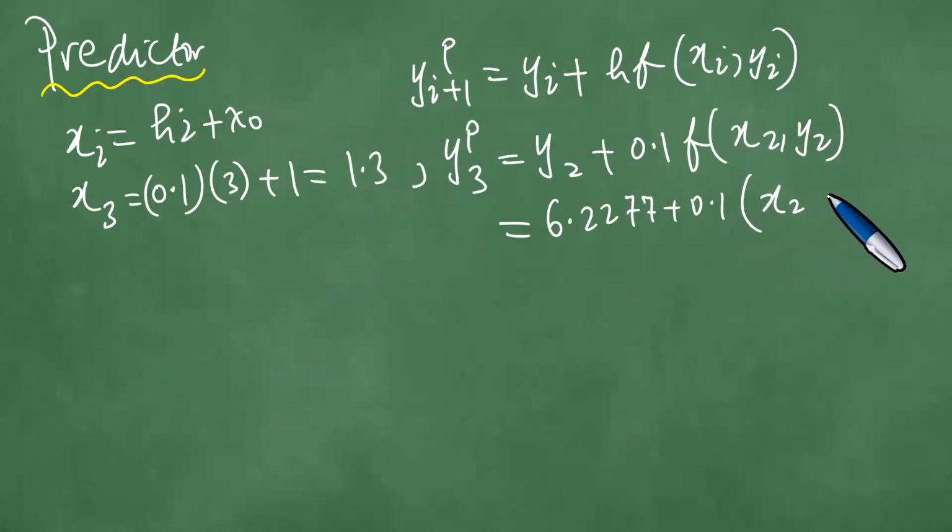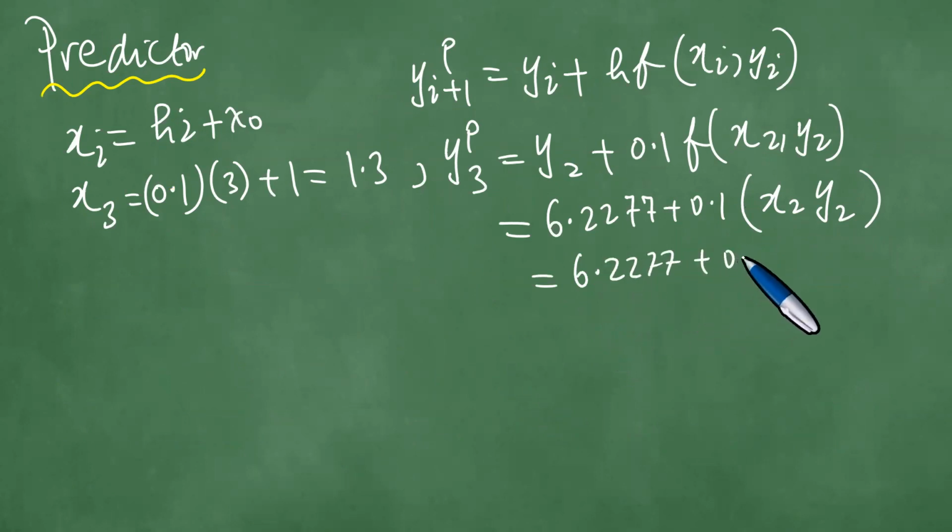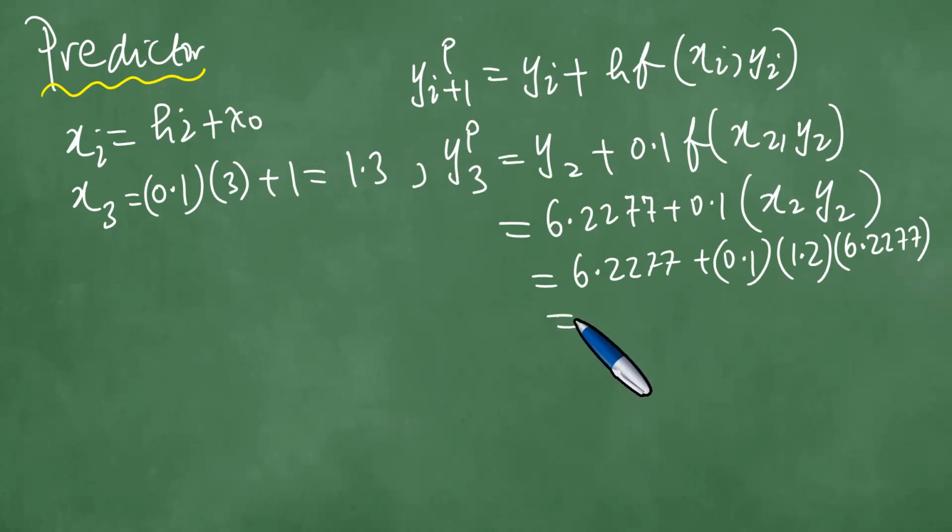So you can see x2, y2, which is 6.2277 plus 0.1 times 1.2 times 6.2277.